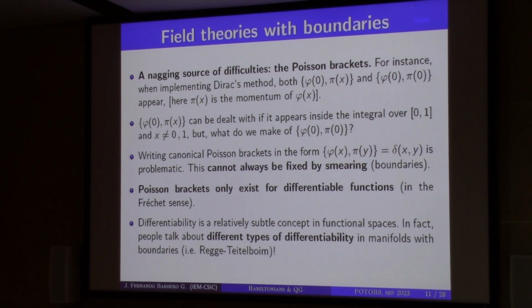Now, the standard line is that, well, I mean, this way of looking at Poisson brackets is a little bit too naive. You have to actually think of smeared fields, and when you smear the fields, there is no such problem. But smearing doesn't work very well here, precisely because of the boundaries. What happens is you have a delta which is sitting on the boundary. You see, when you integrate that, what do you get? So it's not really well defined.